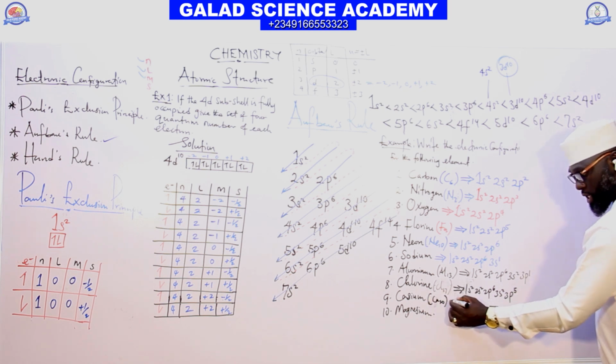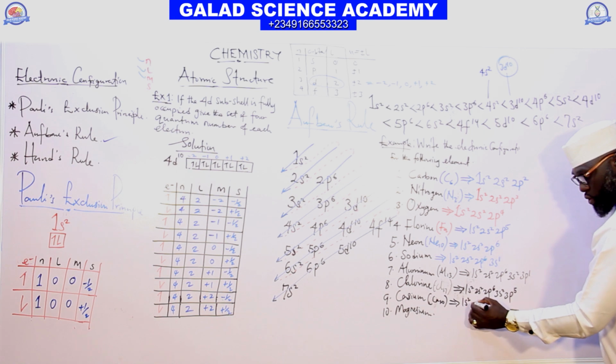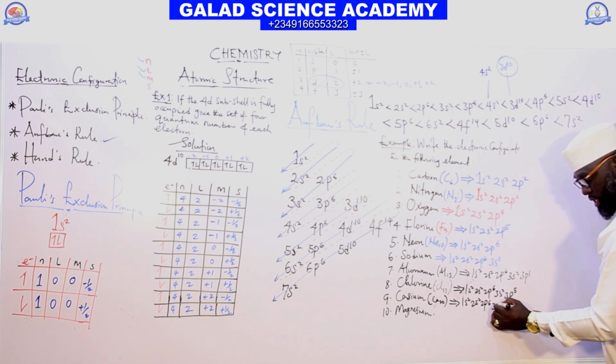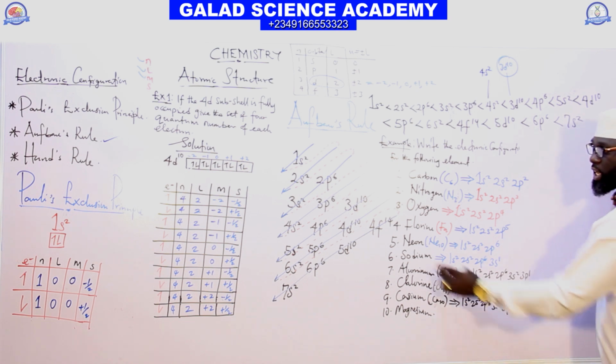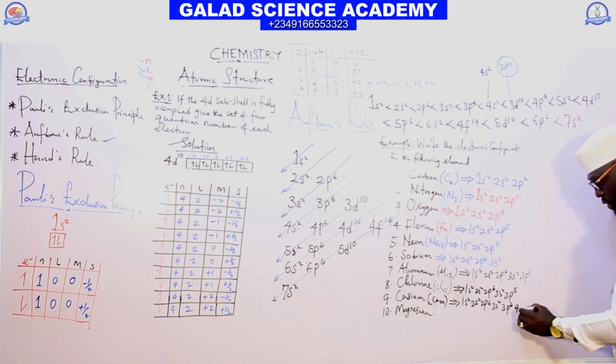For calcium, we all know that calcium is 20. It's 1s2, 2s2, 2p6, 3s2, 3p6. After 3p6, we have 4s2.